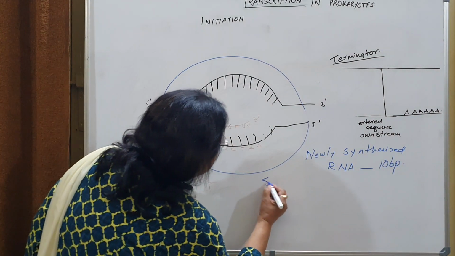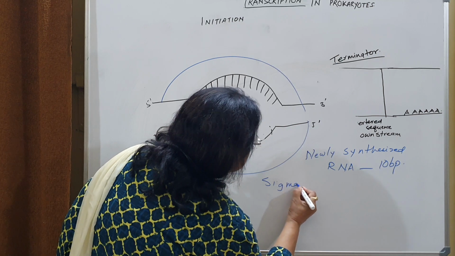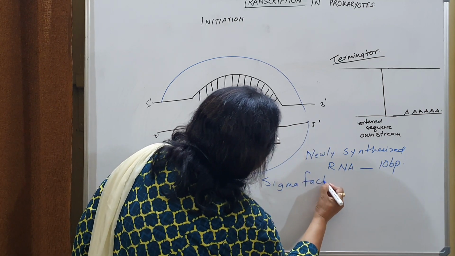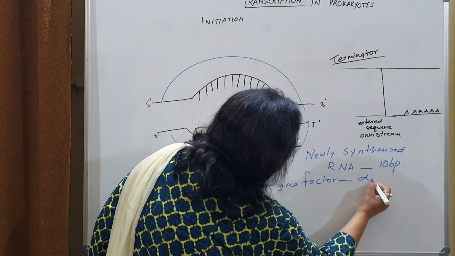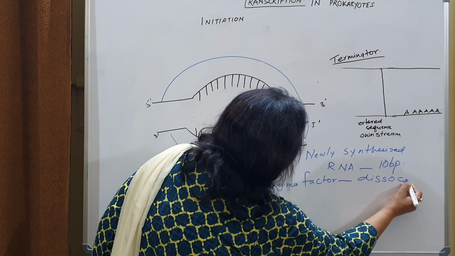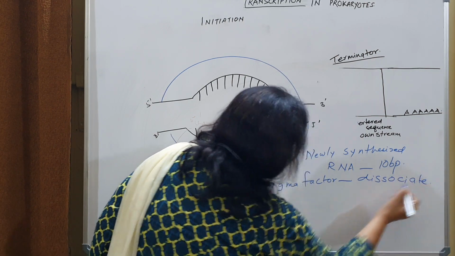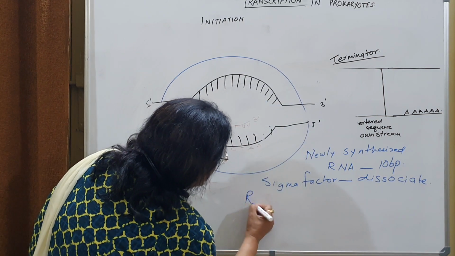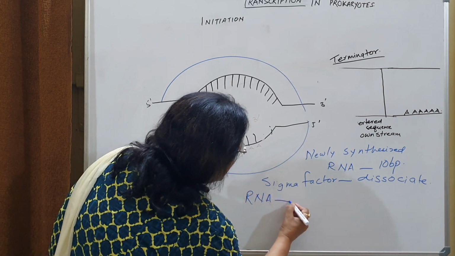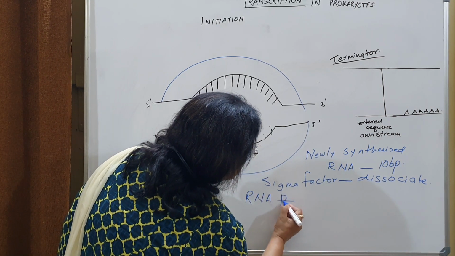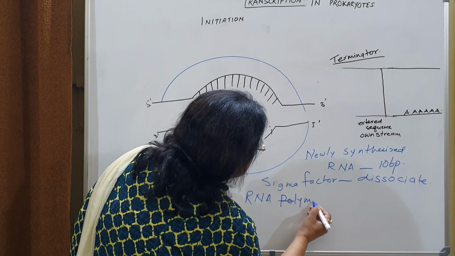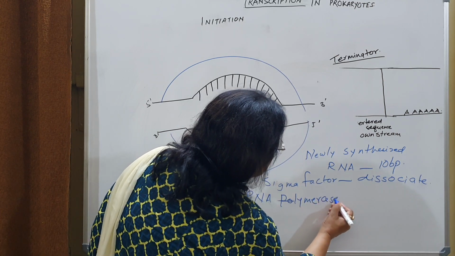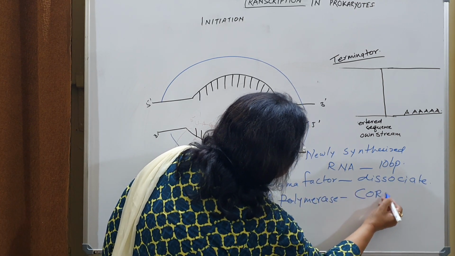The sigma factor will dissociate, and what will be left? The RNA polymerase will now be in the form of core enzyme.